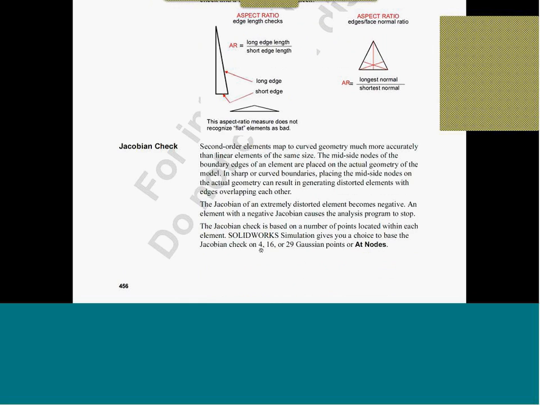So the Jacobian option is going to help you ensure it is all good. And if you observe the Jacobian options over there, you will get Jacobian check for 4, 16 or 29 Gauss points. While discussing nodal and elemental stress, I told you about Gauss points.